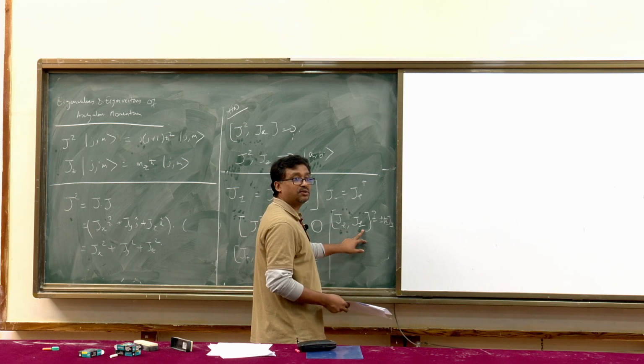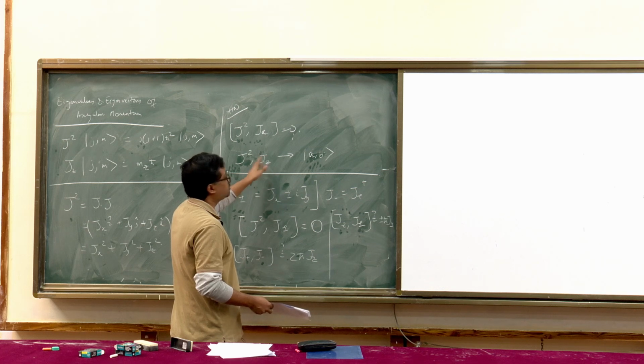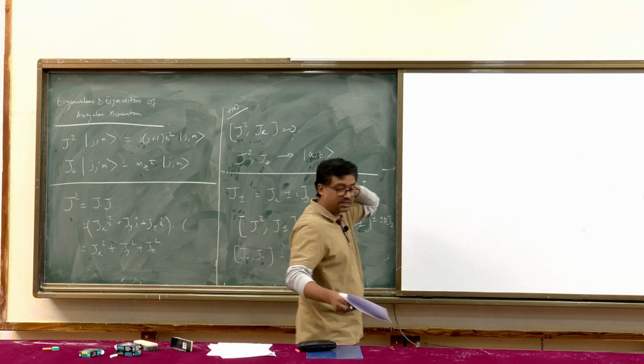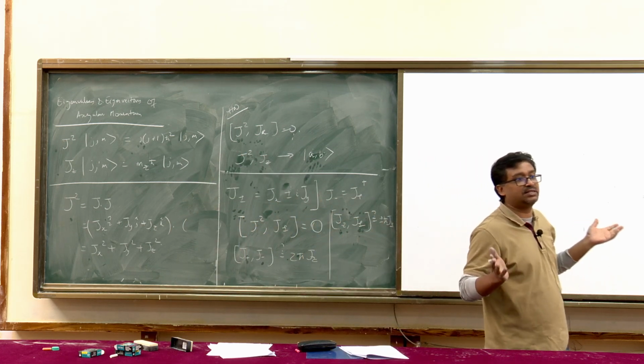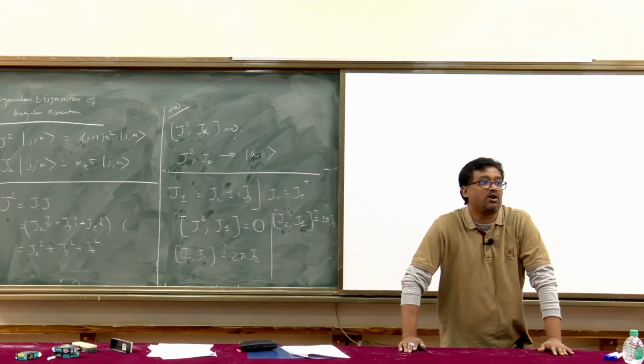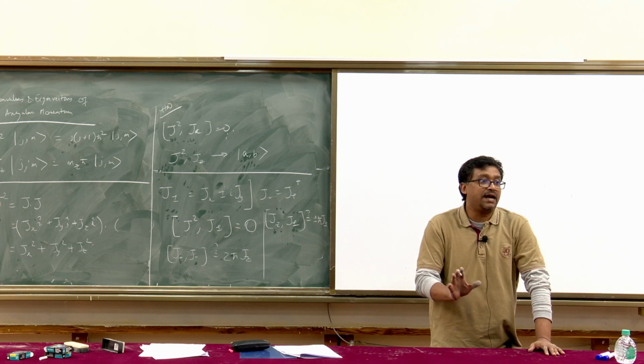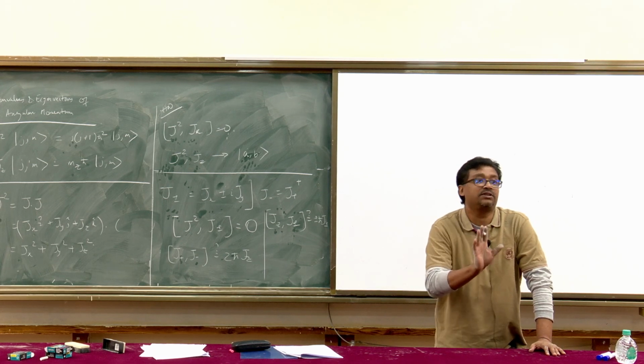Why are we taking this commutator, with Jz? As I said, there is no reason to choose Jz as such. You could have taken any one of them, Jx, Jy or Jz, but once you take it, you have to keep that set and develop the algebra based on that choice.